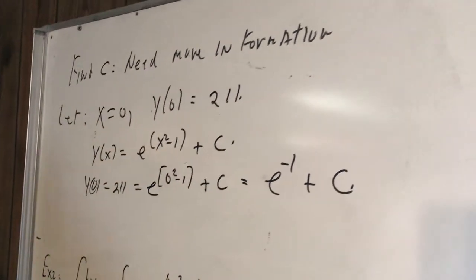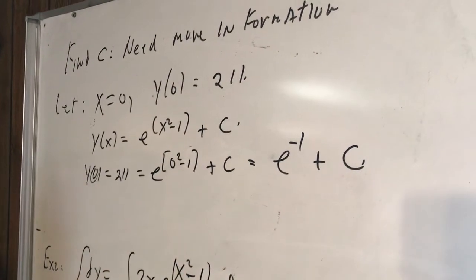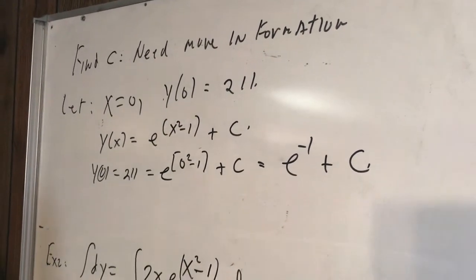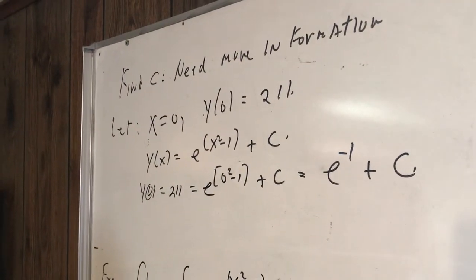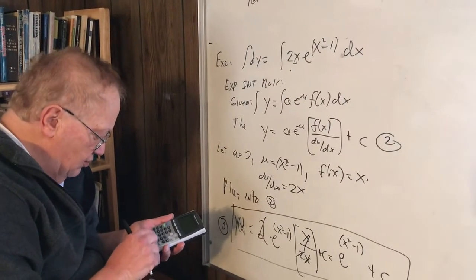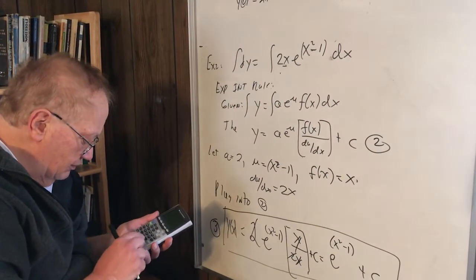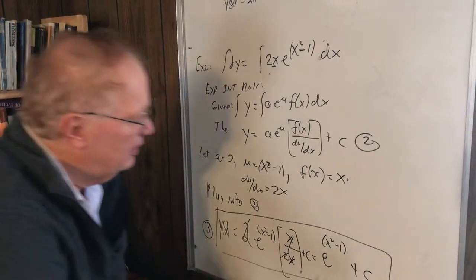Well, go to your calculators. I changed this problem around, so my answer's changing. That's why I have to do my calculator again. So you go to second, division sign, and you raise that to minus 1. Enter, and it's 0.367.